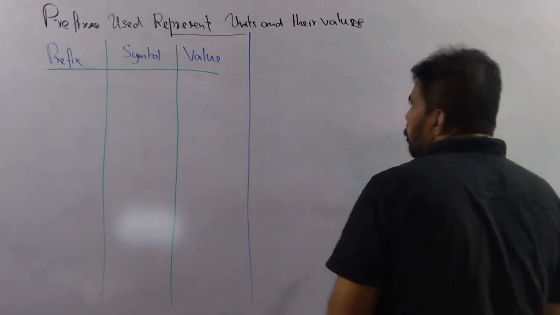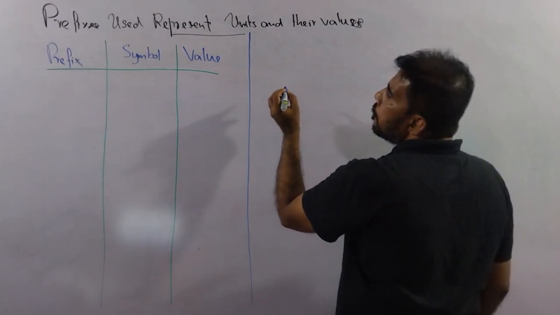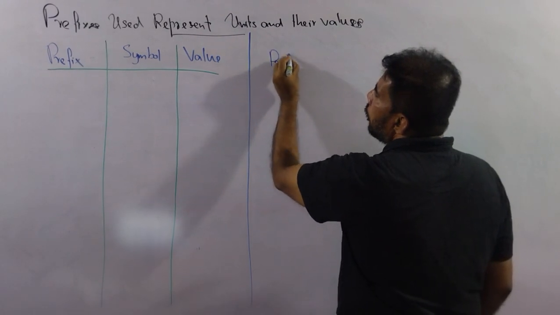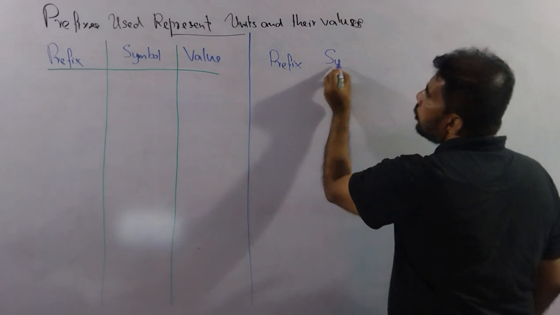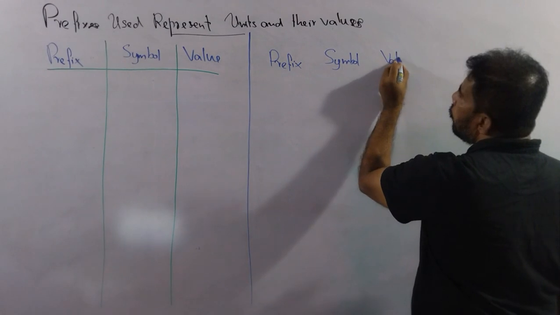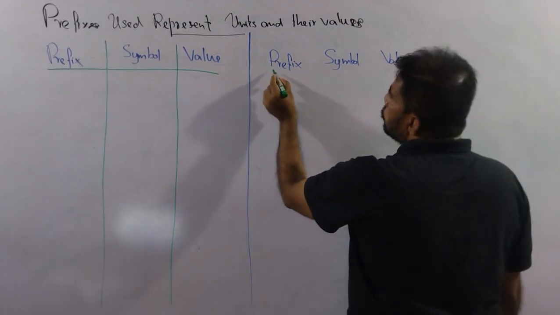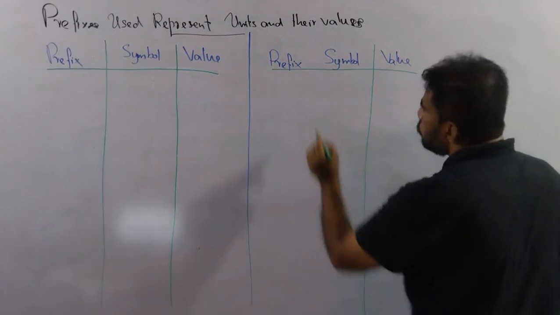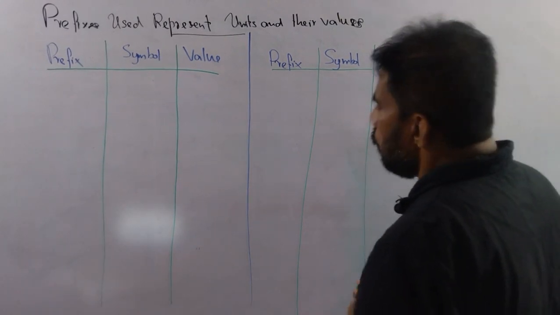This side is also the same. Why? Because this table contains a bit more data, so we need to use both sides.